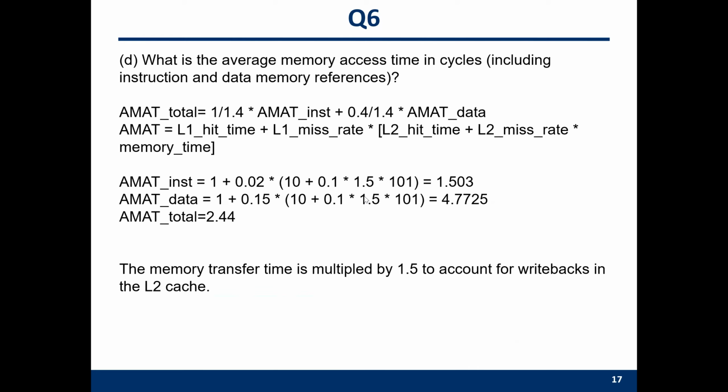Yes. You're saying 1.4 because you have 100% memory access for the instruction. For each instruction, you need to fetch, right? Because you need to do the 5-stage pipeline. In the first stage, you always need to fetch an instruction. This is true for all the instructions. So it's 100%. Some instructions are computation, like A plus B equals C. You don't need to generate any extra data access for these types of instructions.